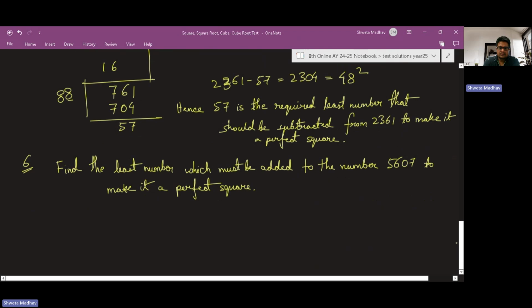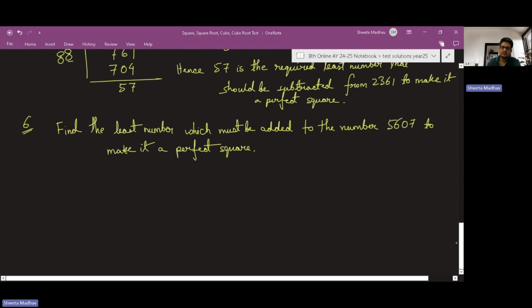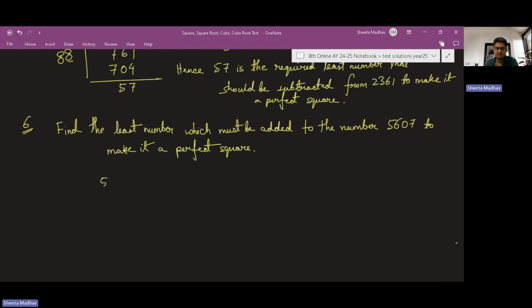So here we have to first do the square root of 5607 by using the long division method.